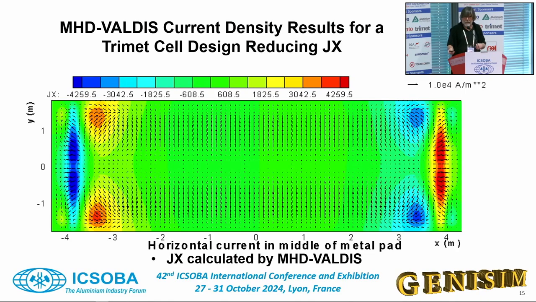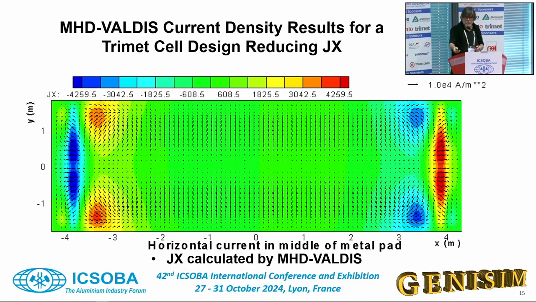And now what I've done is that I adjusted in my model the contact resistance of the first collector bar to the flux, so that the first collector bar on both directions, both ends, is pulling a lot less current, about half of what it was pulling before. And I got rid of the JX this way.